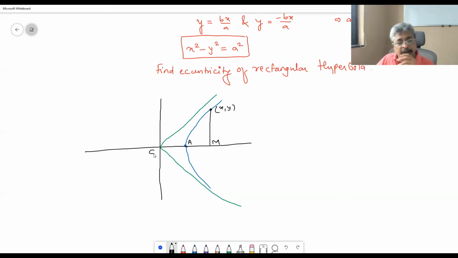Now because the angle between the two asymptotes is 90 degrees, this hyperbola presently looks like x square minus y square is equal to a square, because the asymptotes are perpendicular.